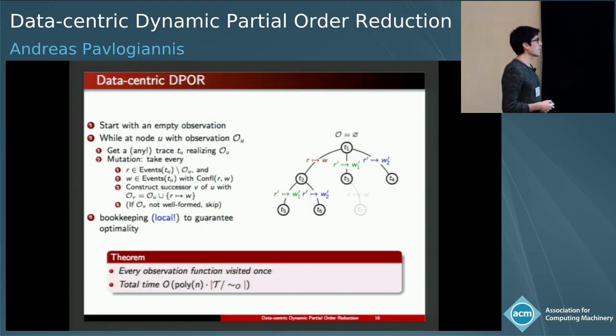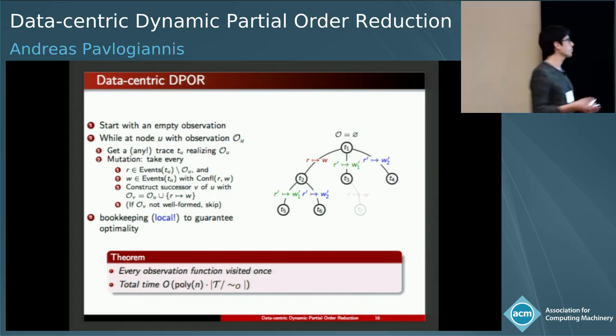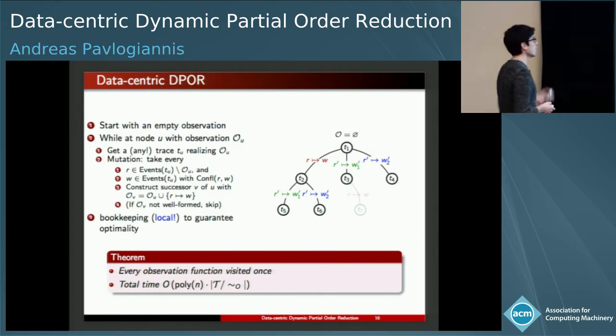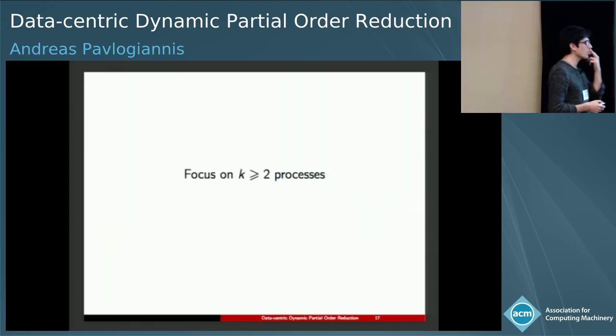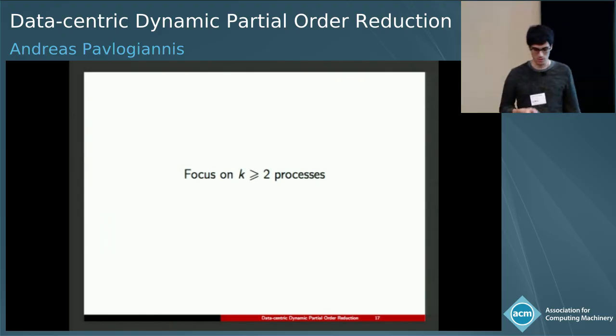And at this point, we are ready to actually prove that this algorithm with the bookkeeping is the algorithm we're after. Namely, the algorithm explores every observation function once, and the total time for doing the full exploration of the partitioning is polynomial in the input times the size of the partitioning. Fine. So what happens when we go to more than two processes?